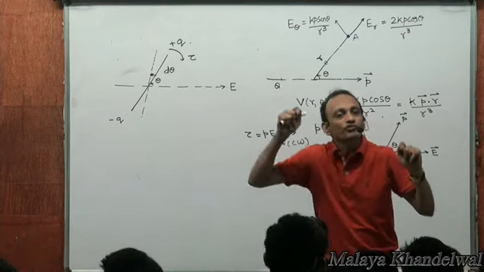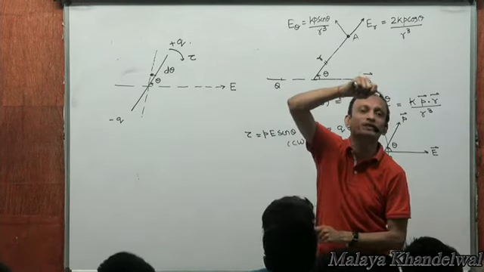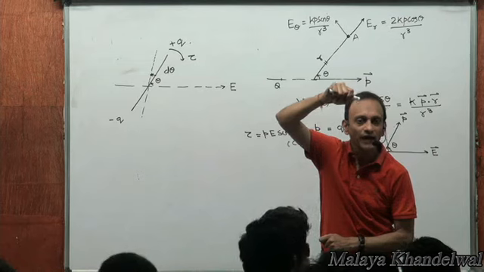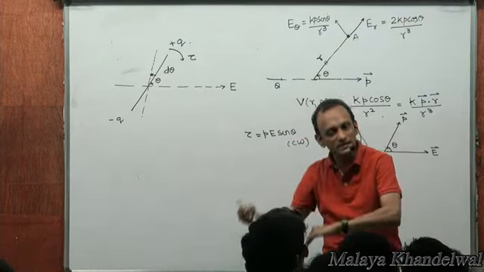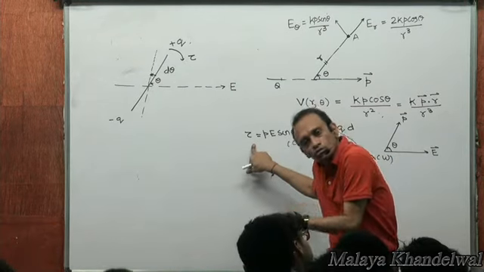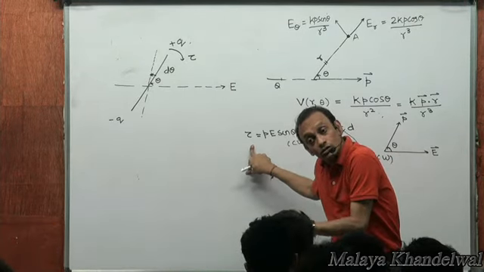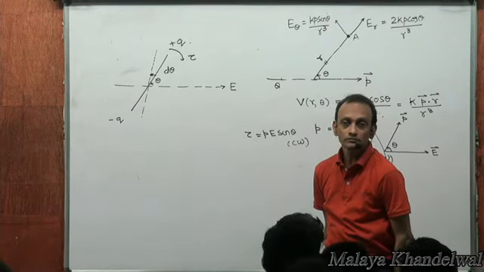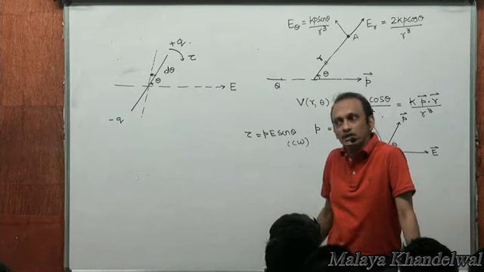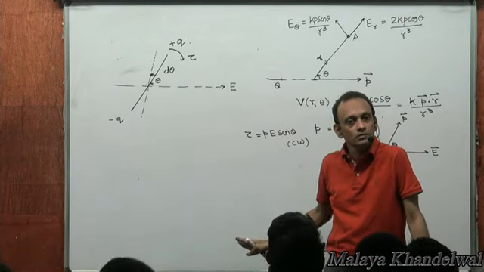I could have used the forces because of the electric field to compute the work done for this anti-clockwise angular displacement d theta, or I could have, in a simpler sense, used the torque because of the electric field to compute the work done by the electric field. It's going to be the same thing. This is convenient. That's all.